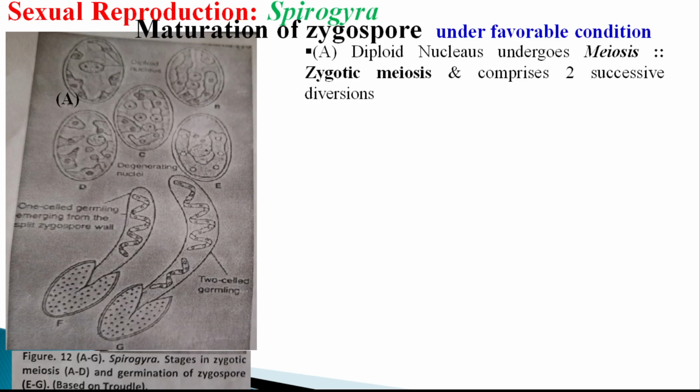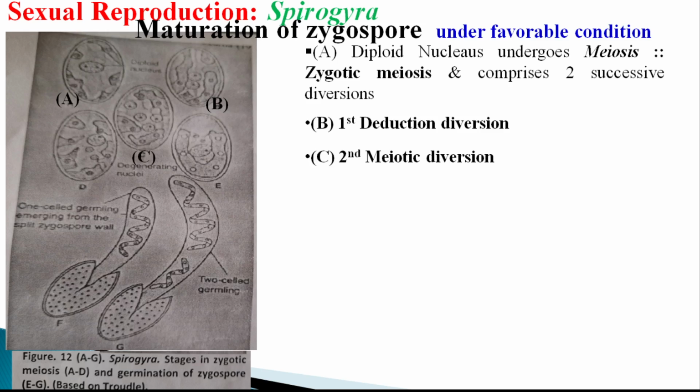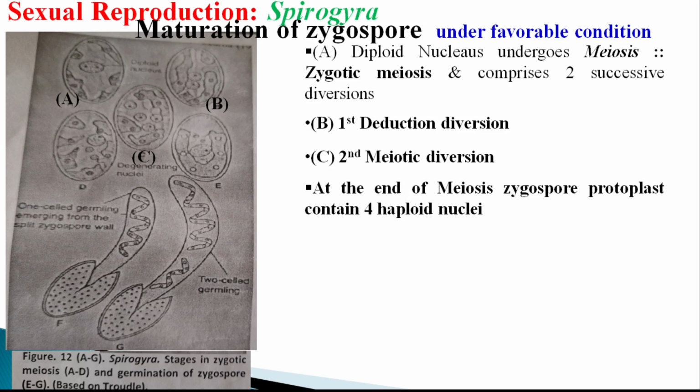And of course this meiosis, as usual, comprises two successive divisions. In the first, the reductional division, the diploid nucleus is divided into two haploid ones. That is why it is called the reduction division phase, and it is followed by the second meiotic division, which is the usual normal phase.